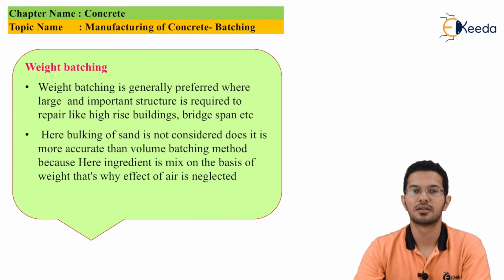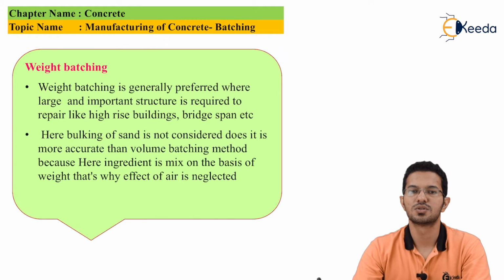In weight batching, the materials are measured on the basis of weight. It is an accurate method of batching. Weigh batchers or other types of weighing equipment are used to measure the weight of materials. Cement, fine aggregates, coarse aggregates and water are taken by weighing.